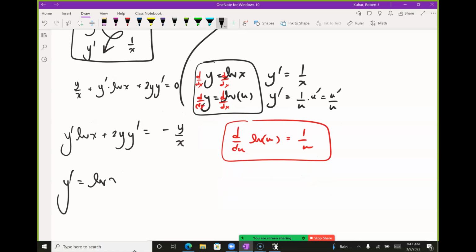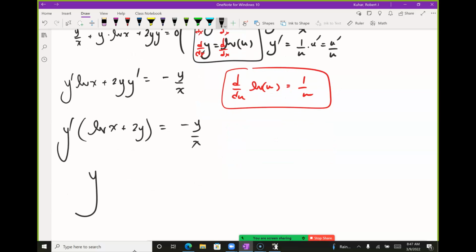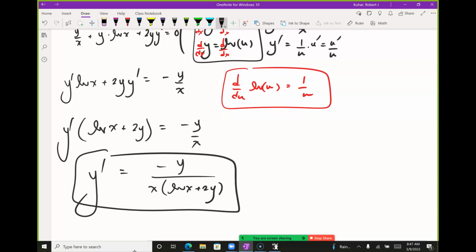I get y prime times ln of x plus 2y still equals negative y over x. And now I'm going to divide by that. So final answer is y prime equals negative y over x times ln of x plus 2y. And that's about as nice as it can get.